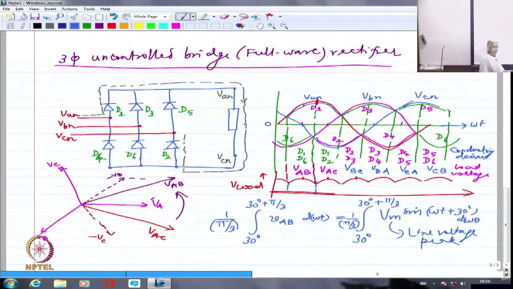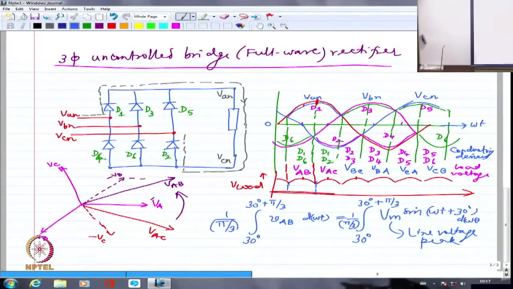We are looking at VAB being integrated. If I had taken VAC being integrated, I should have started from what angle? This is 60, this is 30, so I should have started from 90. 90 to 150. That's what I should have integrated.